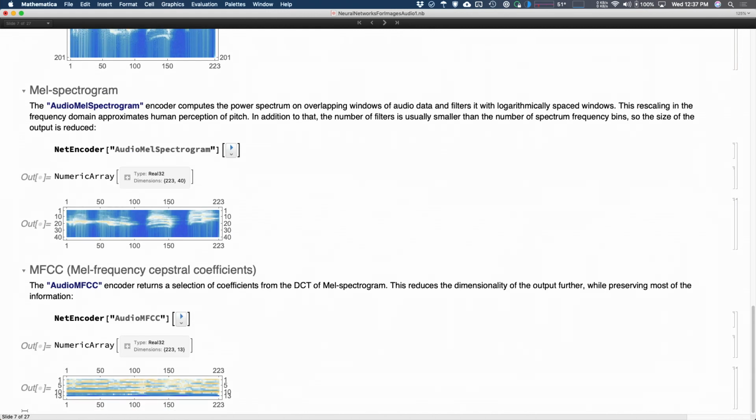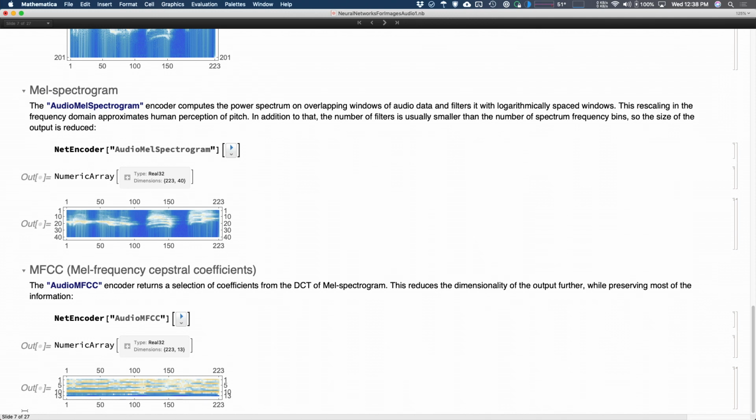With the MFCC, we take the MEL spectrum and do an additional transformation, specifically the discrete cosine transform, and discard some of the higher order components. And this reduces the dimensionality of the input further. This is the result of a lot of classical signal processing research. This is one of the main features that was used in classical signal processing operations before neural networks were a big thing.